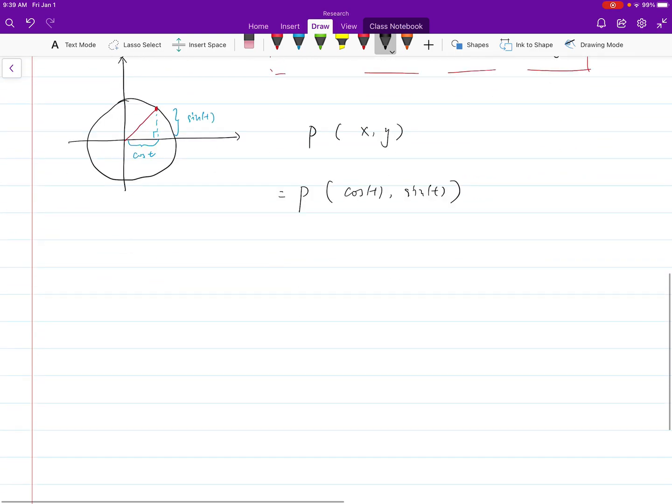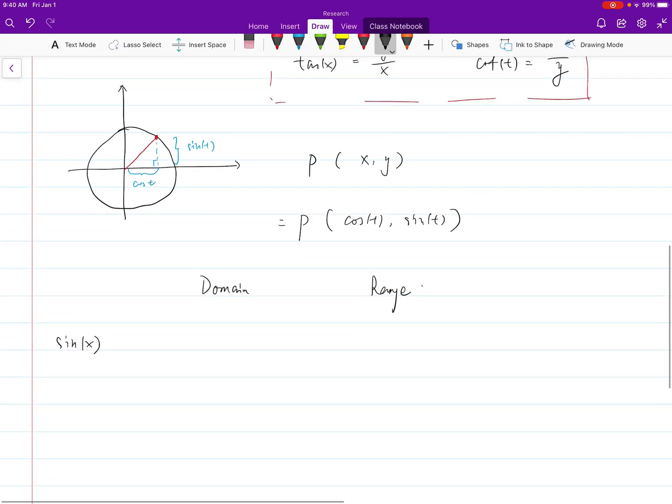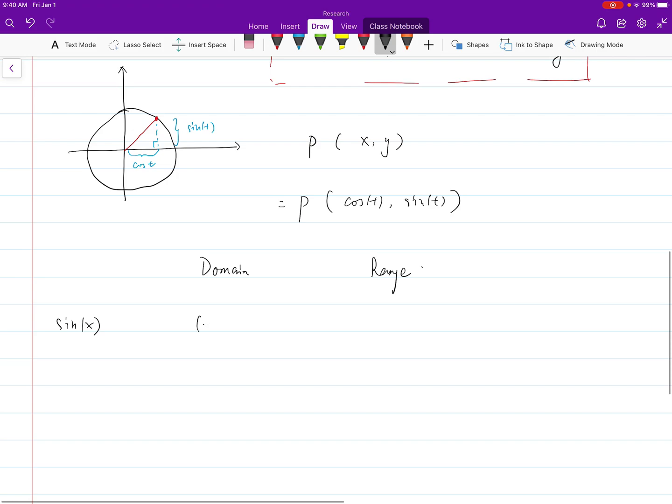All right. With that in mind, we can define something. Number 1, domain. Number 2, range. Okay. Let's talk about sine t. What can your sine t be? Well, sine t is your y value, right?